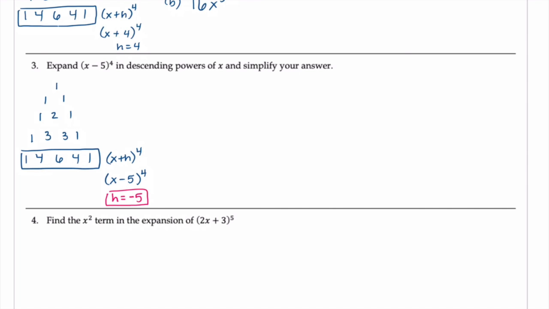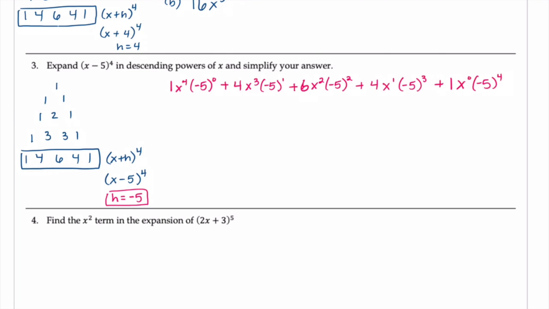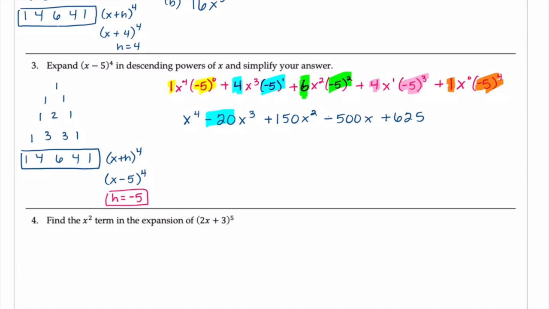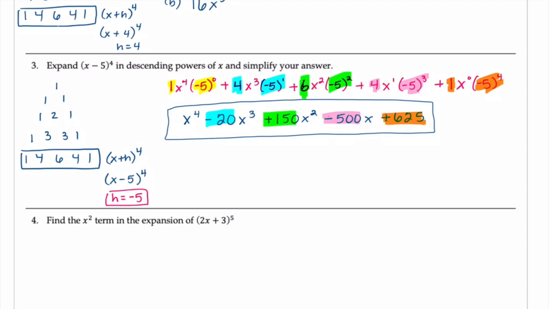So I'm going to substitute that h. All right, so now I'm going to evaluate. All right, so here's my final answer after I multiply each of those color-coded numbers.